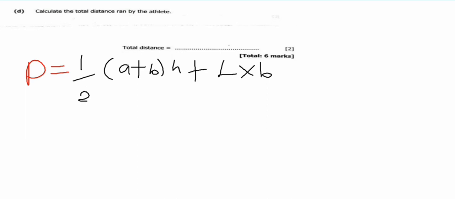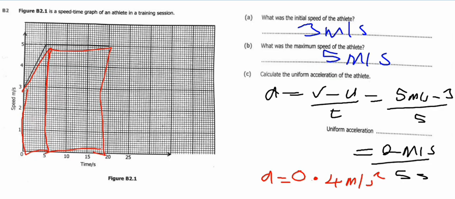So let's obtain the values. Here we need to find the value of A and B for the trapezium. The value for A is from 0 up to 3, which is 3. Then the value for B is from 0 up to 5, which is 5.